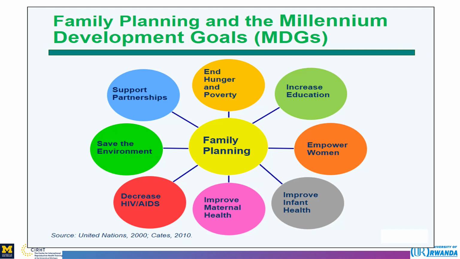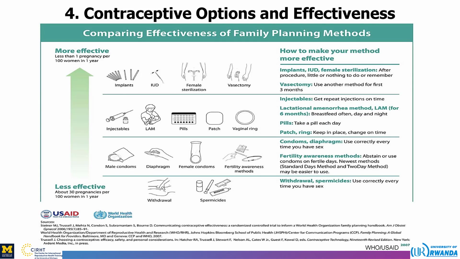It is also common knowledge now that family planning is at the center of the Millennium Development Goals, MDGs. It directly impacts MDG 4 and 5, improving maternal and child health, but is also indirectly related to the rest of the MDGs. This source from the United Nations, 2000, shows how family planning affects the rest of the MDGs.